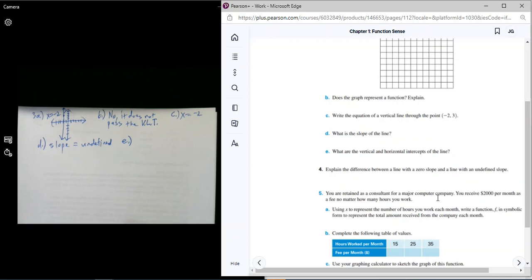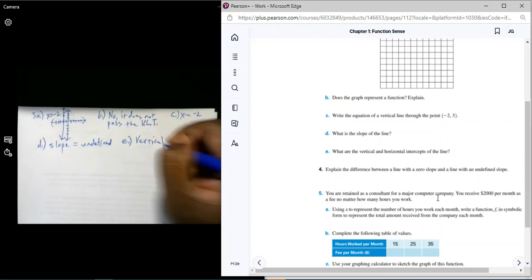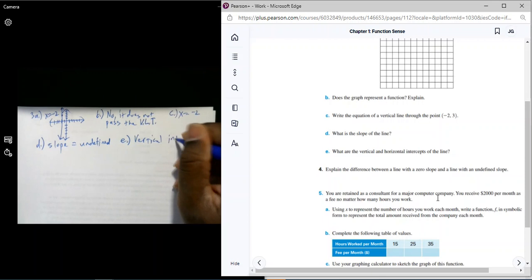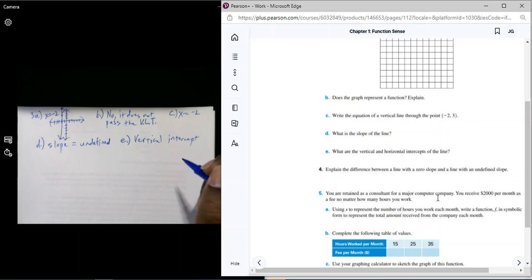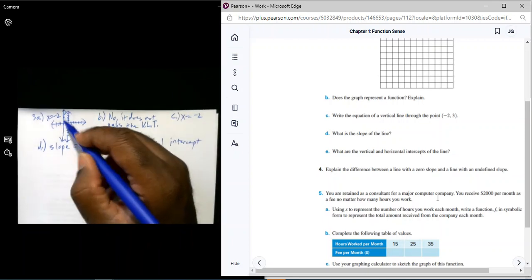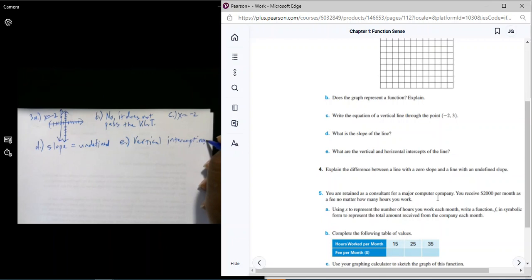Okay, so the vertical intercept, and we know our vertical intercept is basically your y-intercept. If you notice this graph here, it doesn't hit the y-axis, so your vertical intercept is just none. There is no vertical intercept.